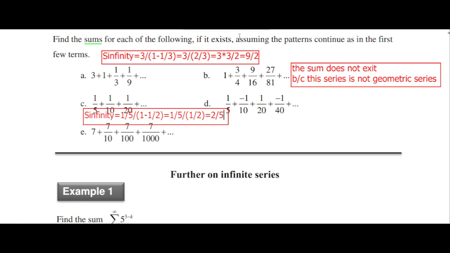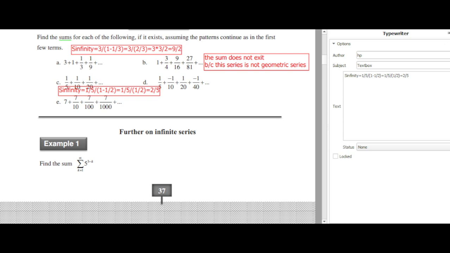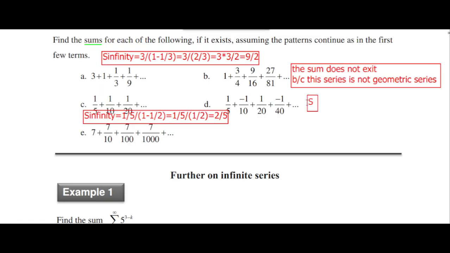So the sum for question D: S infinity is equal to the first term 1 over 5 over 1 minus minus 1 over 2, which is 1 plus 1 over 2, so 3 over 2. 1 over 5 divided by 3 over 2 means times 2 over 3.